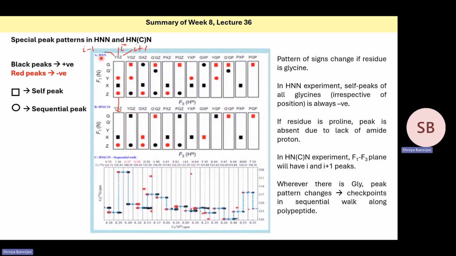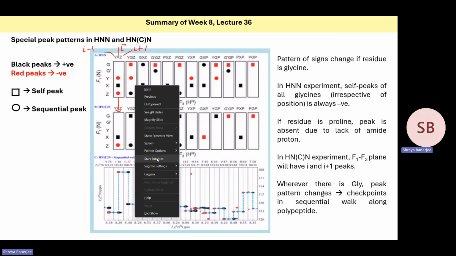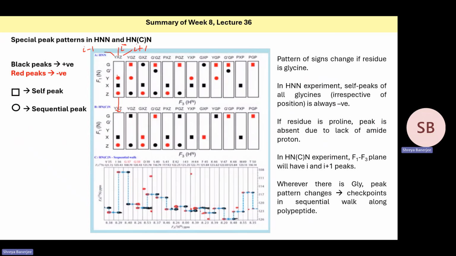One is the HNN experiment, one is the HNCN experiment. In HNCN, you will not observe the Y peak because Y is I minus 1. HNCN will only give you I and I plus 1. So you have the self peak X with X, that is positive again, and the cross peak X with Z, that is I plus 1, which is negative.